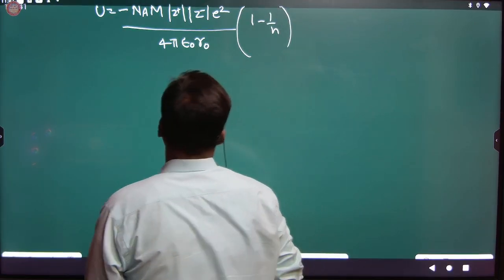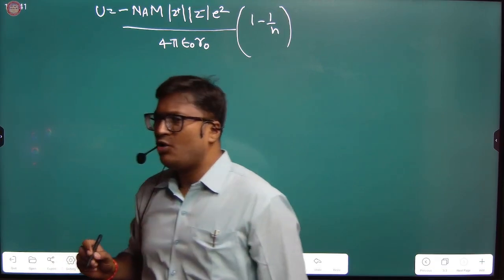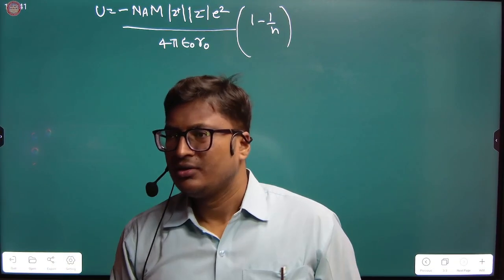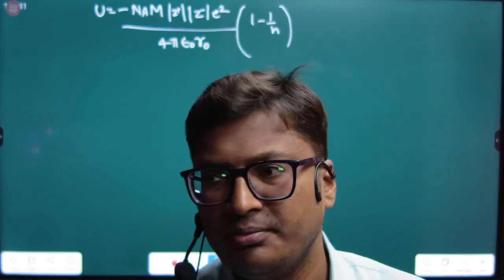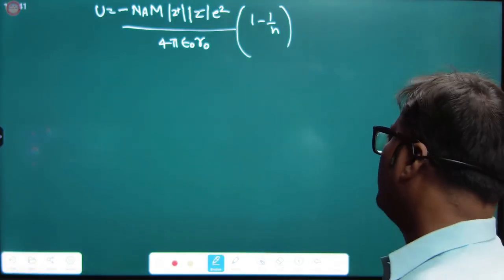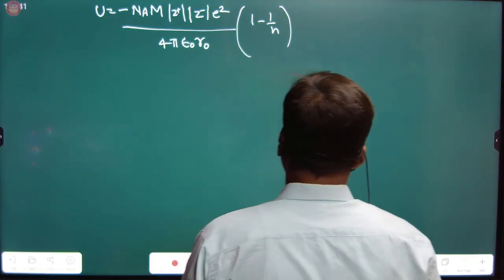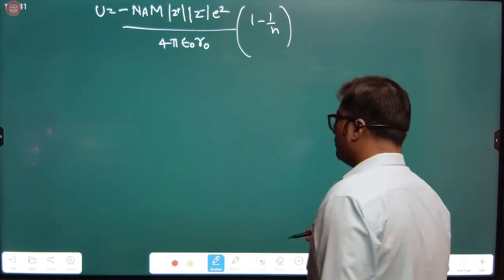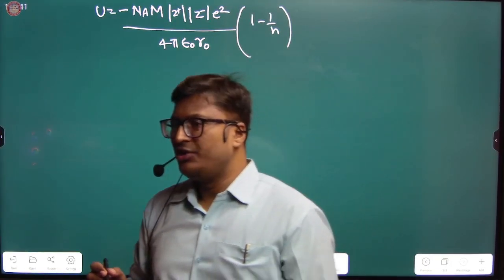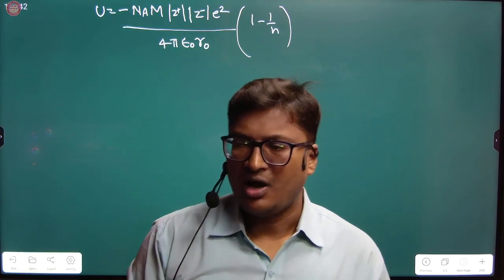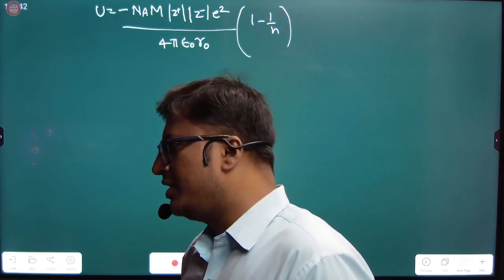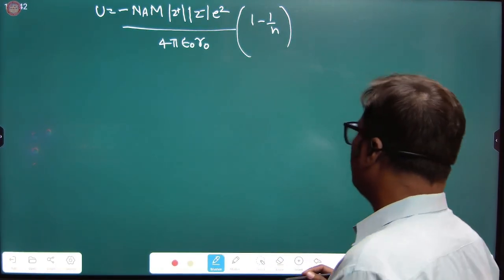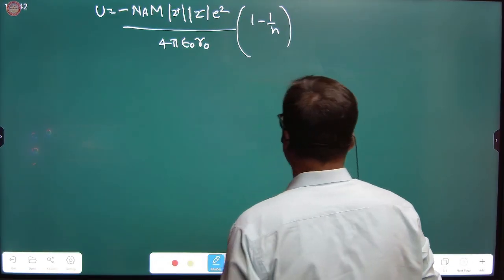So N_A is the Avogadro's number. Lattice energy depends on the Avogadro's number also, because the number of ions can influence the quantity of lattice energy, so here we have included Avogadro's number. Avogadro's number is nothing but the number of ions, molecules or particles in 1 mole of the ionic compound.